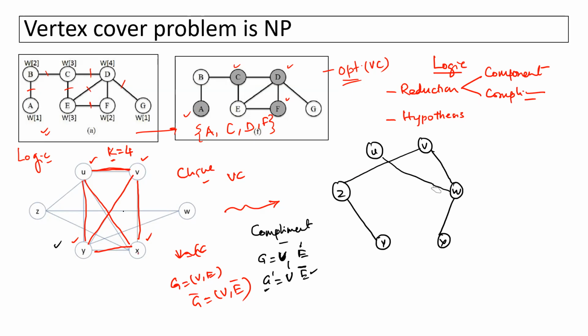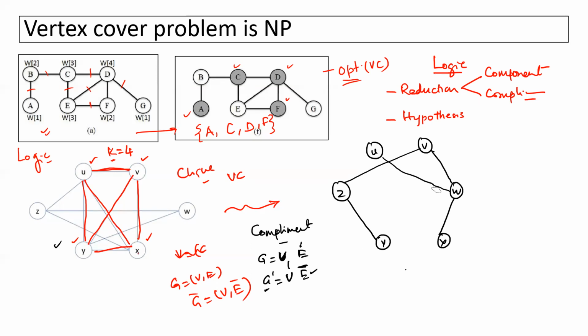So now what you observe here is that we are drawing all the edges which are not present in this graph. V and Z, U and W, W and X. YW is not drawn, ZW is not drawn, ZV is drawn, ZX is not drawn, ZY is drawn, because the idea is to add the edge which is not there. Is it clear? So it means that the vertices remain the same and the edges are complemented.